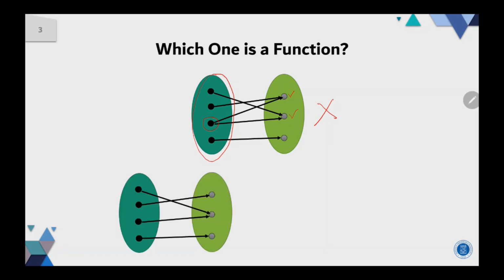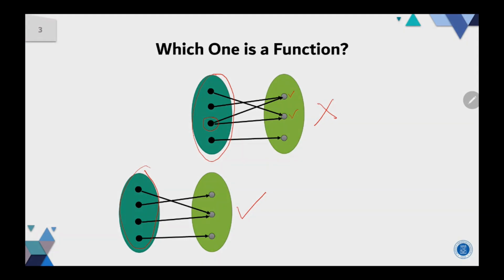Okay. What about this one? Is it a function? Everything here is being assigned. Check. And you can see each of the elements in set A is being assigned to exactly one element in set B, right? So this is a function.